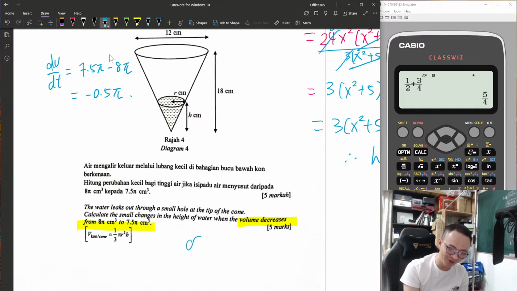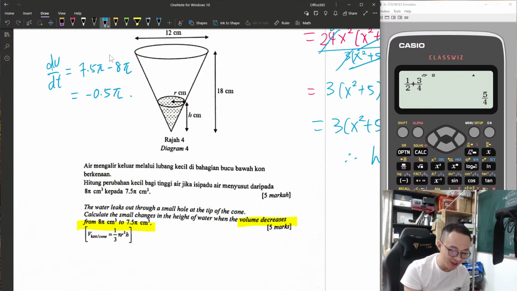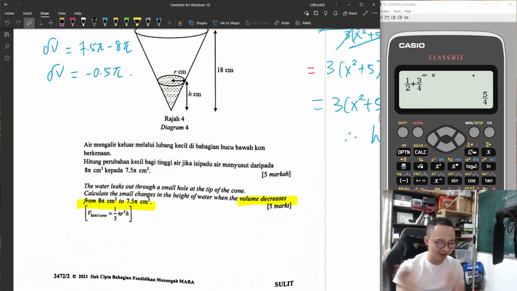Change of height, water level, dh, or dV, okay. Because the question doesn't say this is per second, so this is not dt. I thought it's a rate of change, but this is a small change, because it doesn't say per second, so nothing to do with time. So this is basically a change of the volume. Okay, then everything makes sense now. I scared myself, wondering how to relate the change rule and the rate of change.